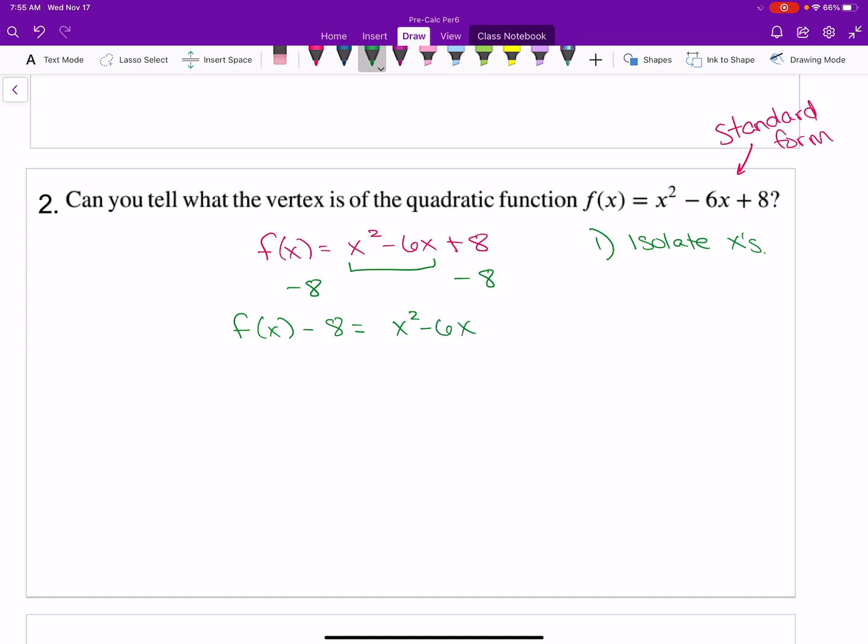And now we have the x squared minus 6x by itself. The next step is going to be to use that formula, (b divided by 2) squared, and add it to both sides.